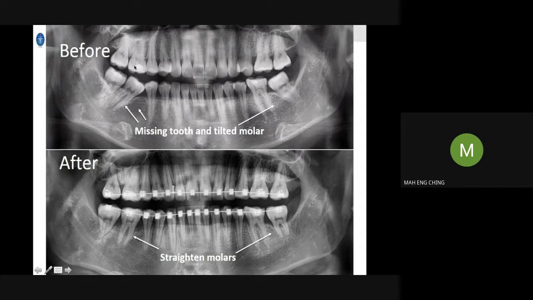At the same time, the vertical load will be better because they're vertical. They can transmit the force directly to the root compared to the tilted. If they're tilted, all the heavy force will be on the crown rather than the root. So in the long term, they might cause more periodontal damage.